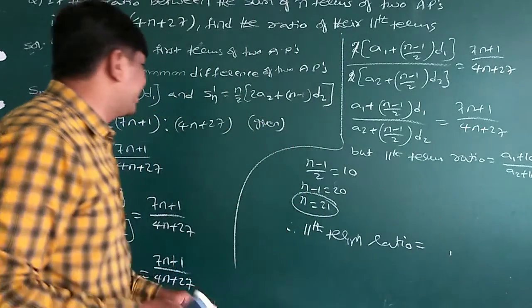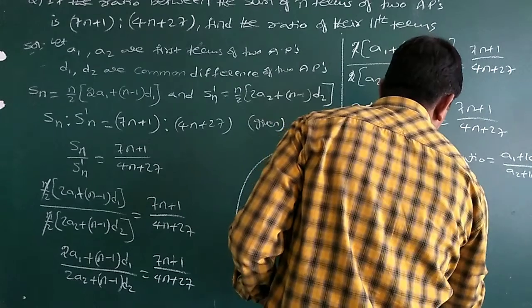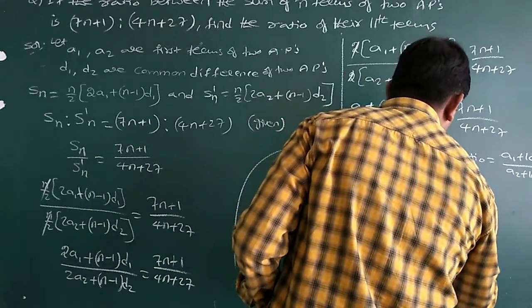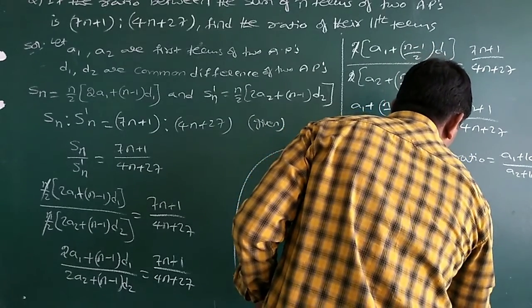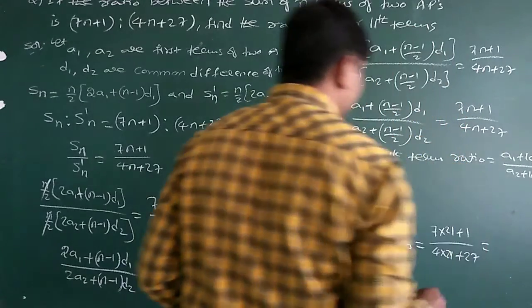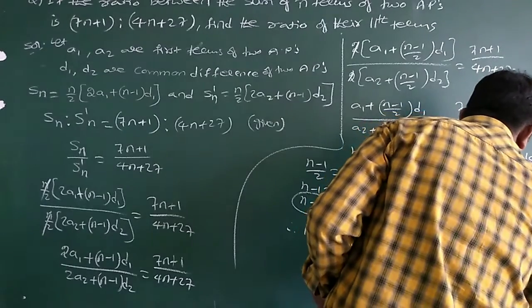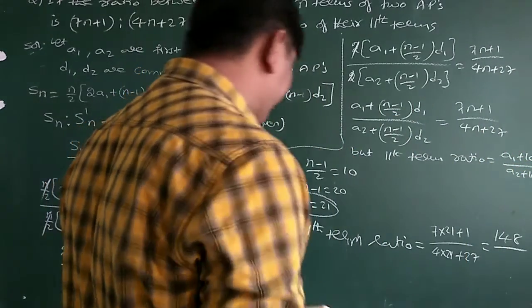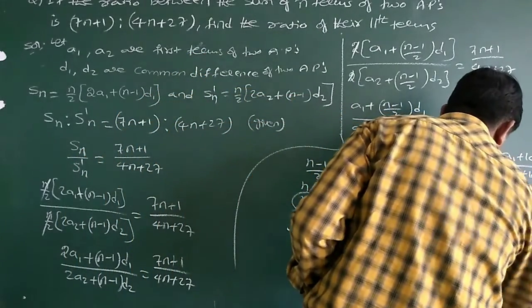Now I got n is equal to 21. Substitute the n value: 7 into 21 plus 1 by 4 into 21 plus 27, that is 147 plus 1 is 148 by 84 plus 27, which is 111.